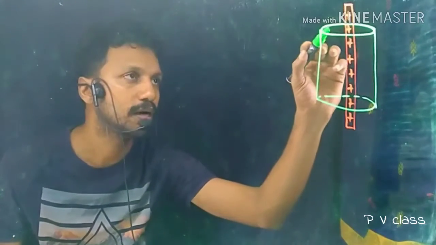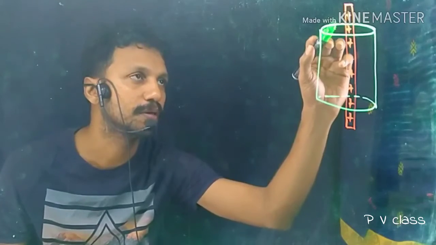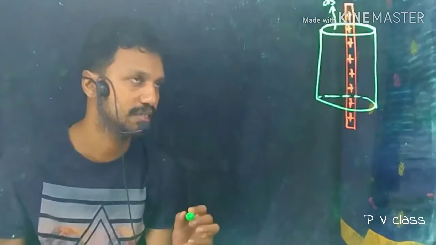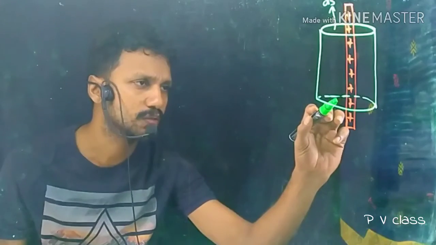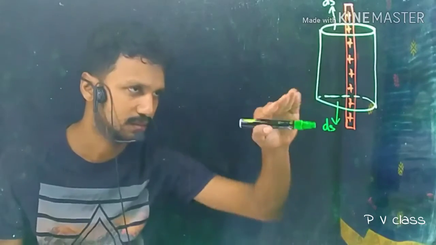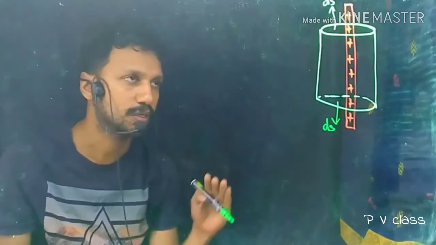Therefore, on the upper flat surface, the direction of area vector will be like this. Let me mark it as ds. And on the lower flat surface, the direction of the area vector is like this.